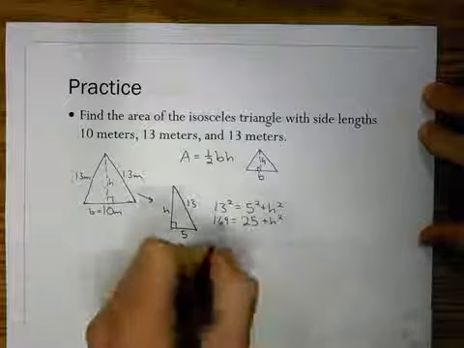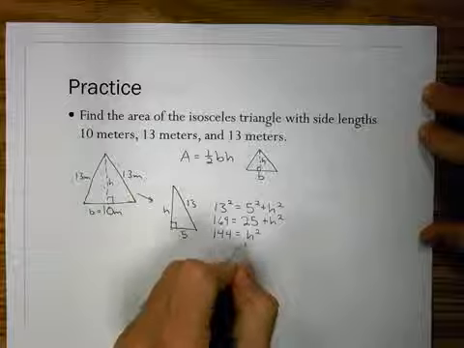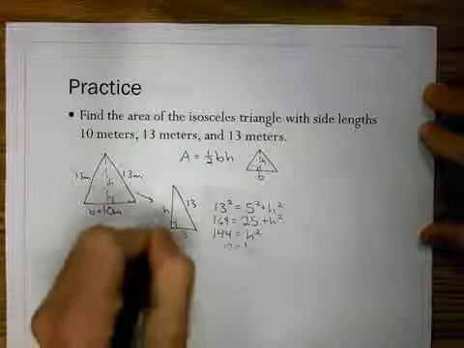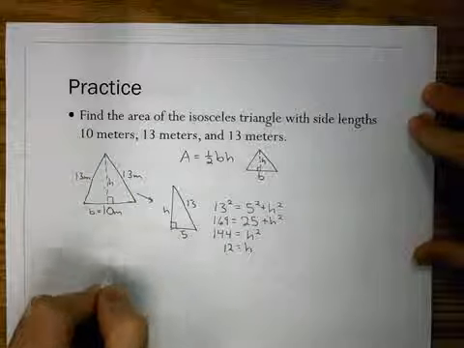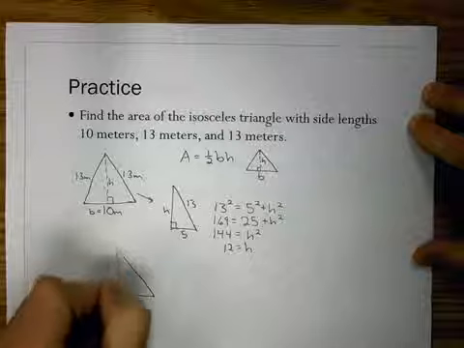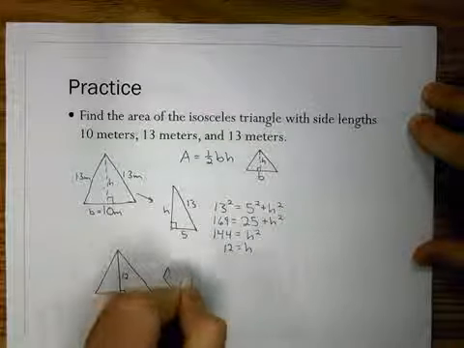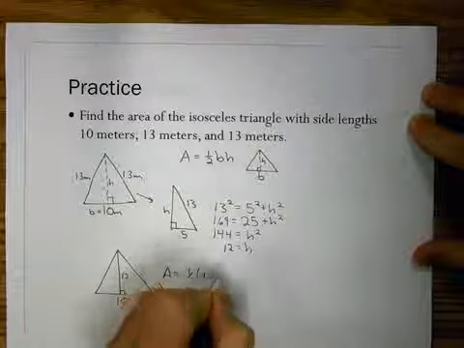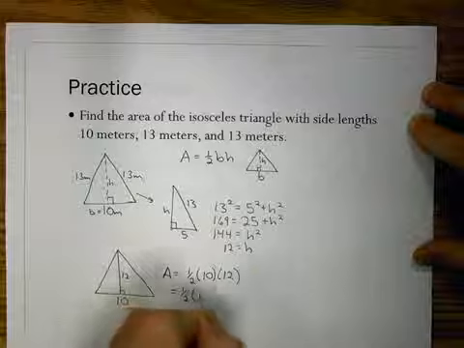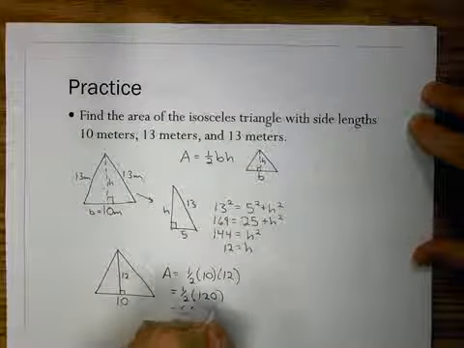If I subtract 25, I get 144 equals h squared. And we could probably see here we're going to take the square root of both sides, and our height comes out to be 12. So now we have our triangle, base of 10, height of 12. So our area is going to be 1/2 10 times 12. That's going to be 1/2 of 120, which is 60 meters squared.